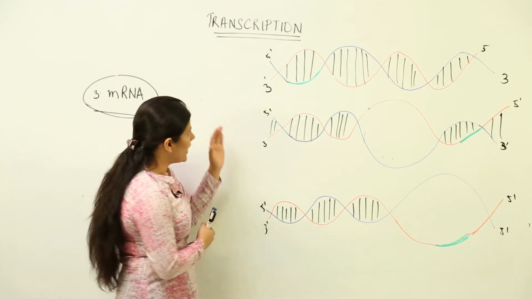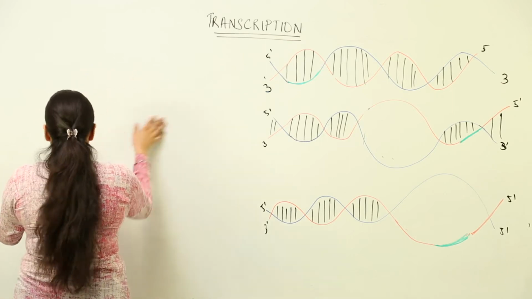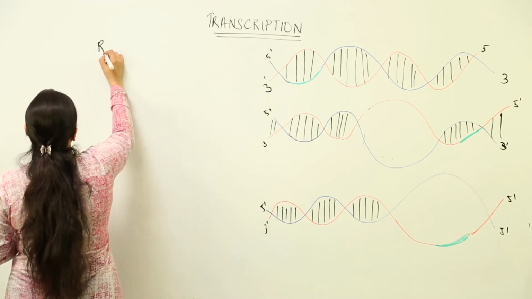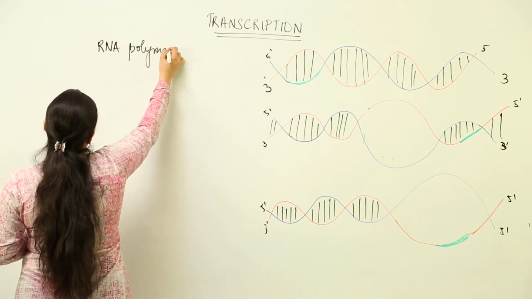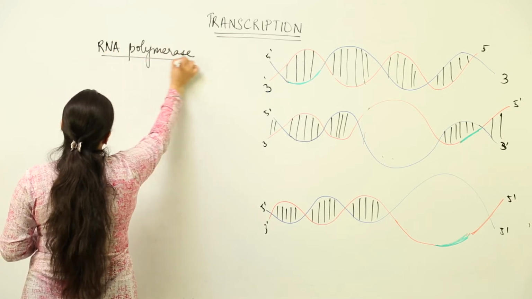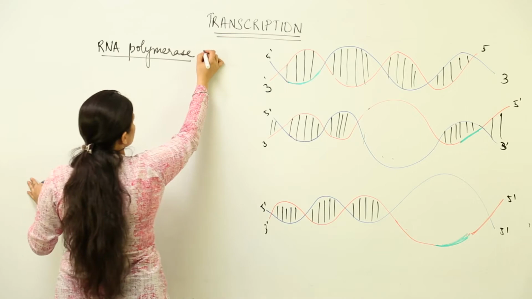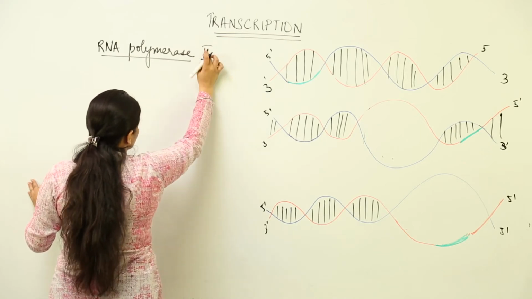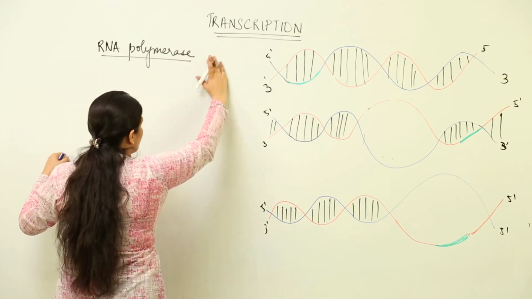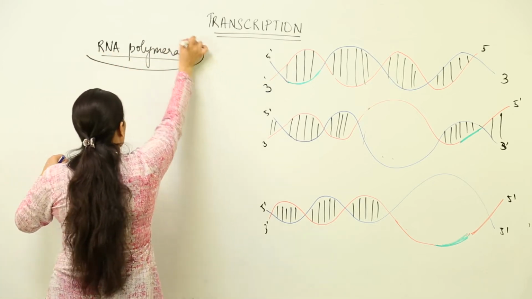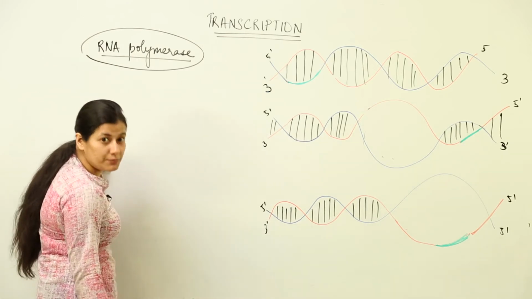Now, the enzyme which is responsible for formation of messenger RNA, or simply I would say RNA, is RNA polymerase. Like we had DNA polymerase 1, DNA polymerase 2, over here we have RNA polymerase, and RNA polymerase 2 is the one which plays an important role. We will come to whether it is 2 or 3 later on, but for now you have to remember that it is the RNA polymerase which single-handedly carries out the process of transcription.